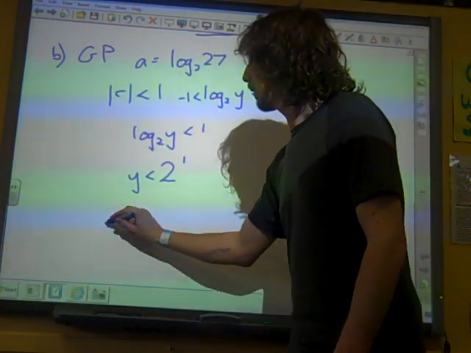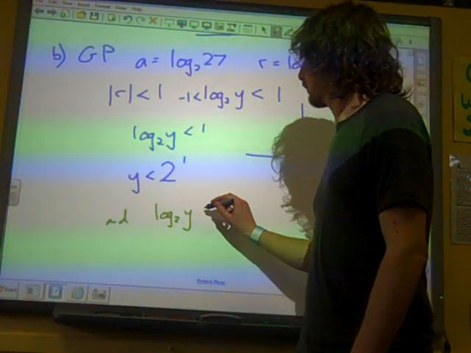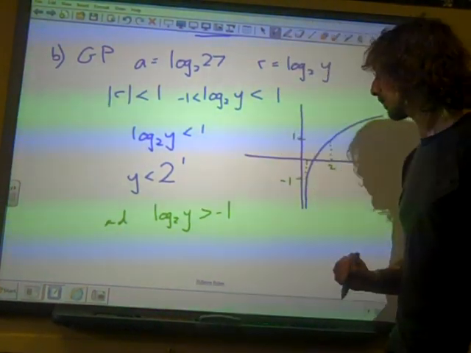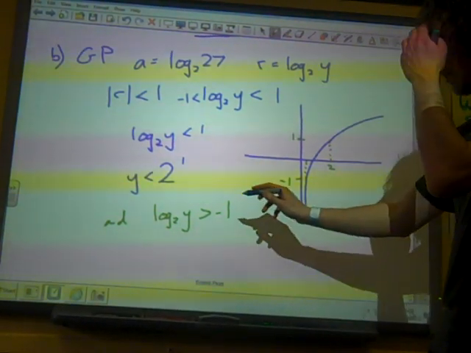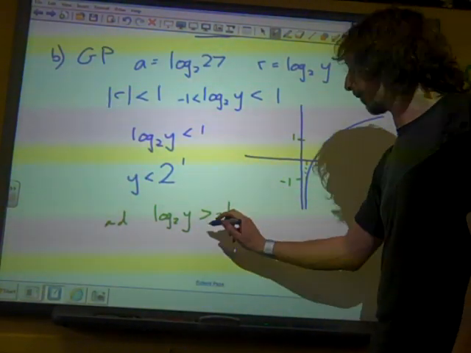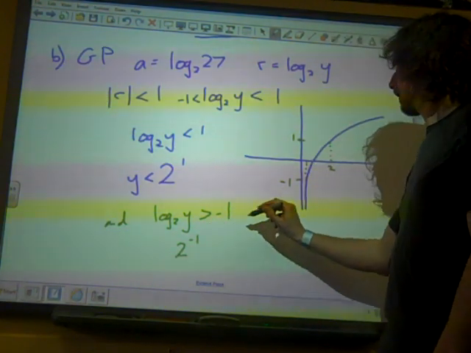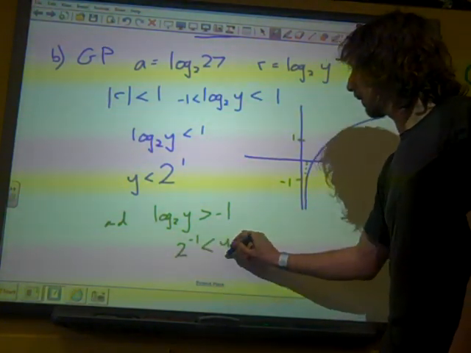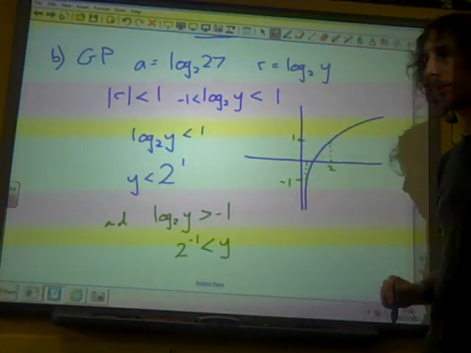If log base 2 of y is greater than -1, then that's 2 to the -1, isn't it? And we would want y to be greater than that. We can see that from the graph that we're looking at.